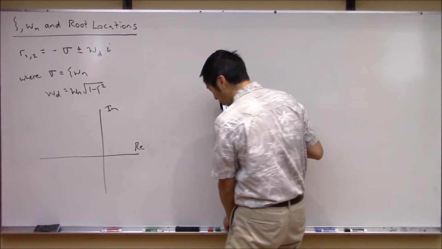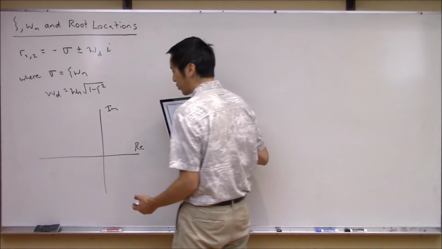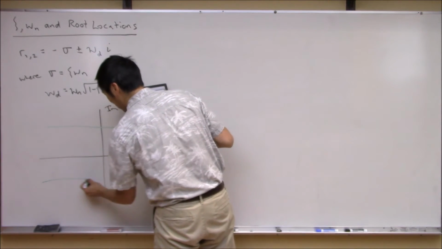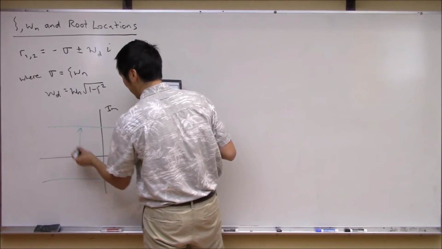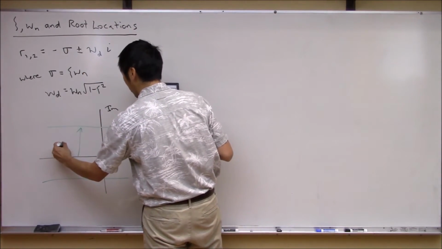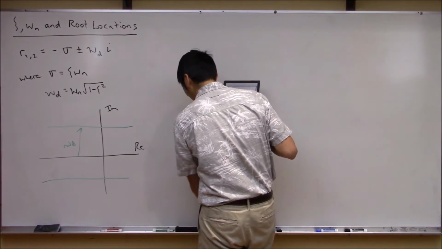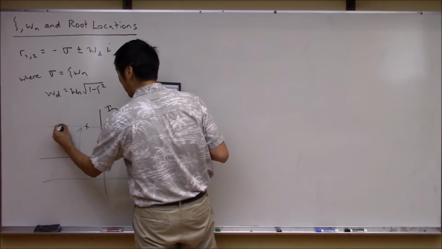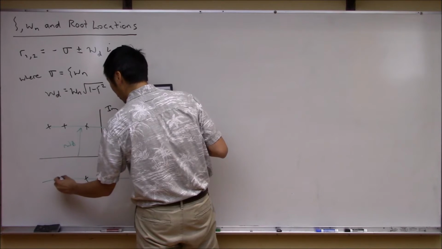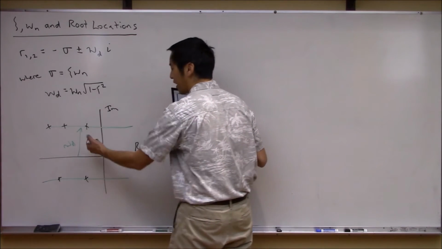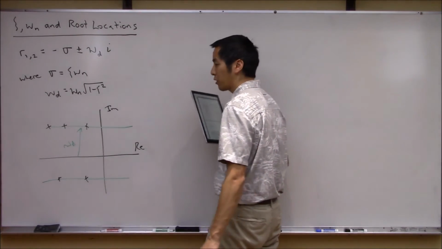All right, the last one to consider, which is almost kind of trivial, is a constant line, either here or here, which is a distance omega d away from the real axis. I think this is trivial to see because you can observe right off the bat that any pole along these horizontal lines has the exact same damped natural frequency.